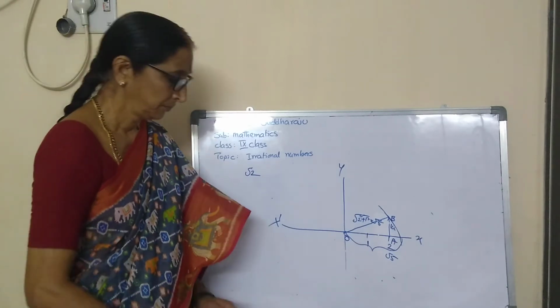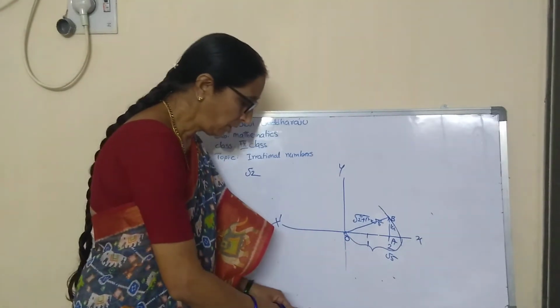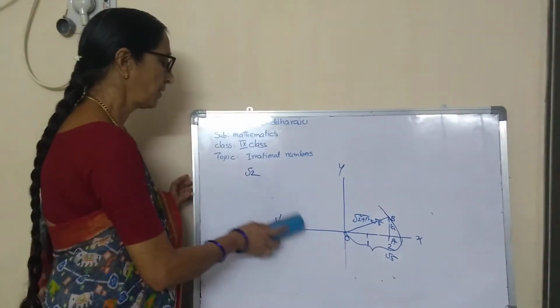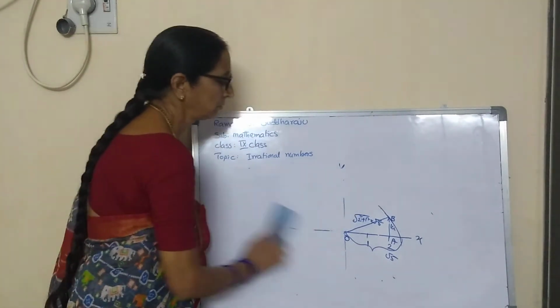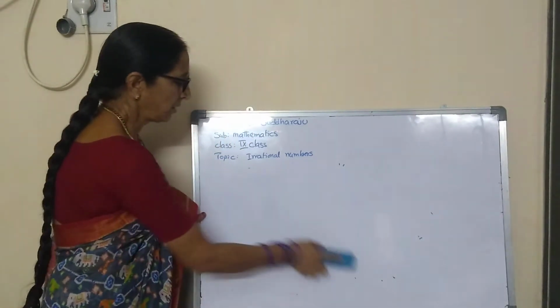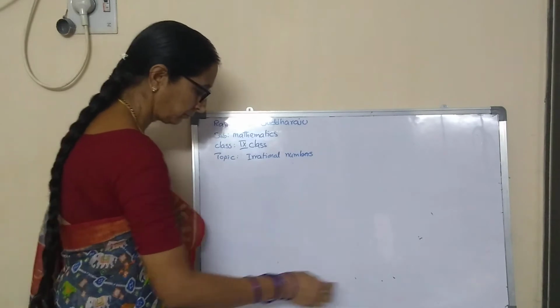Now we are going to insert irrational numbers between any numbers.